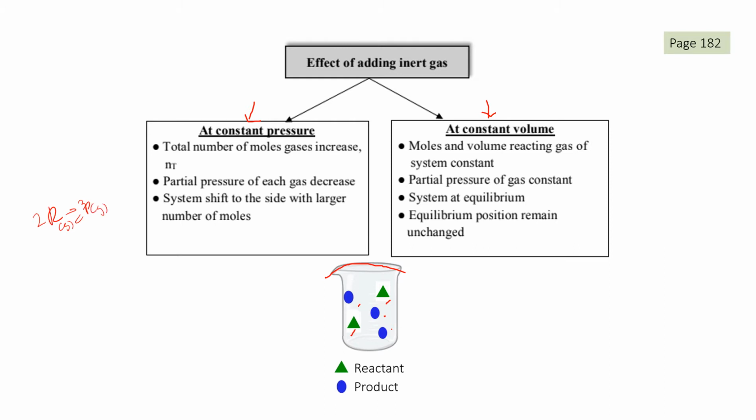So gas, balik pada chapter 5, biasalah dia akan move randomly and dia akan hit the wall of the container. And bila dia hit the wall of the container, hasilnya nanti awak akan dapat pressure. And total pressure bagi case ni adalah sama dengan partial pressure of the reactant plus dengan pressure exerted by the product.